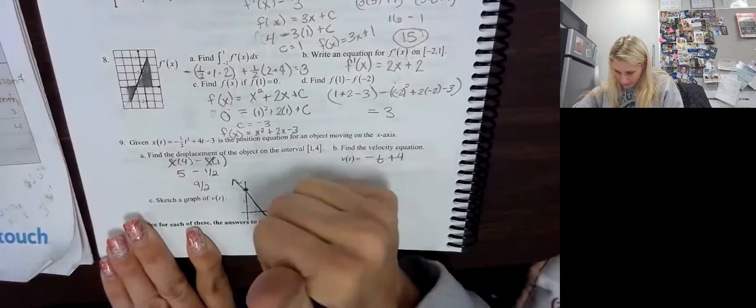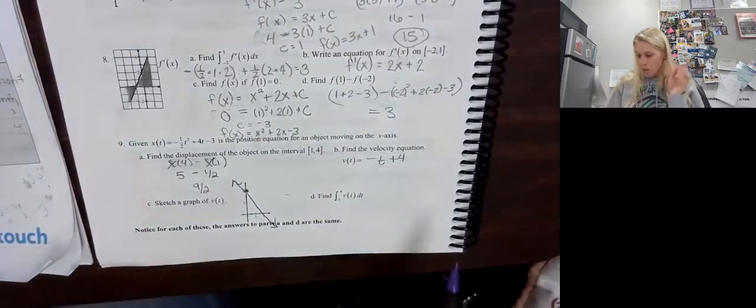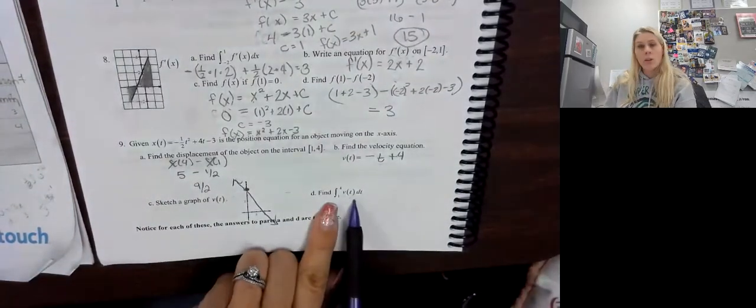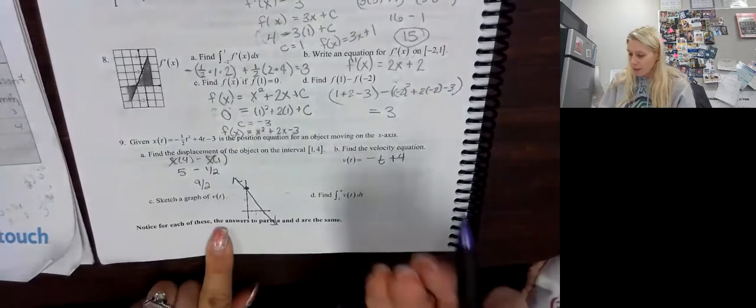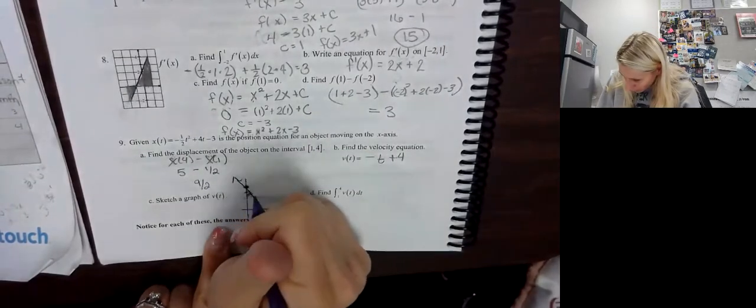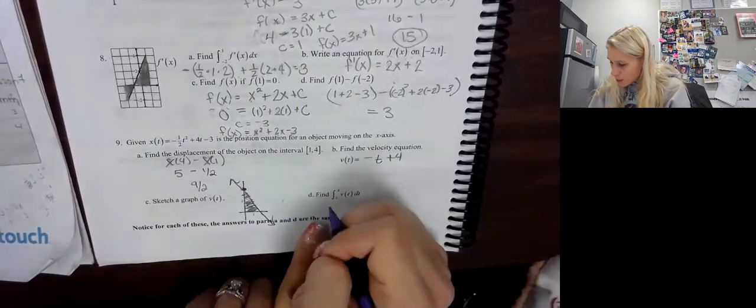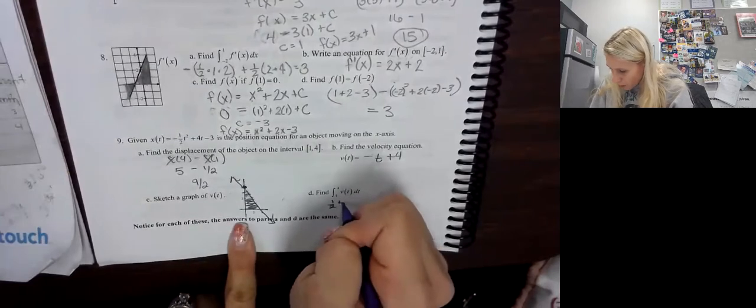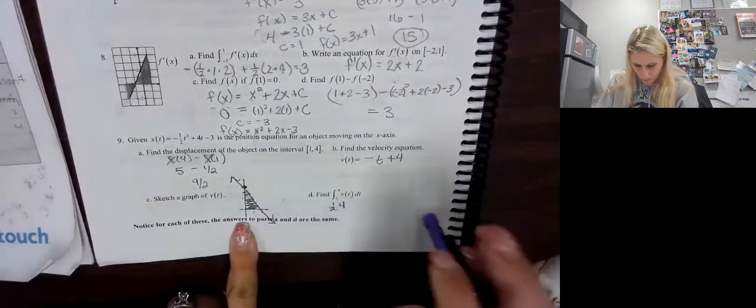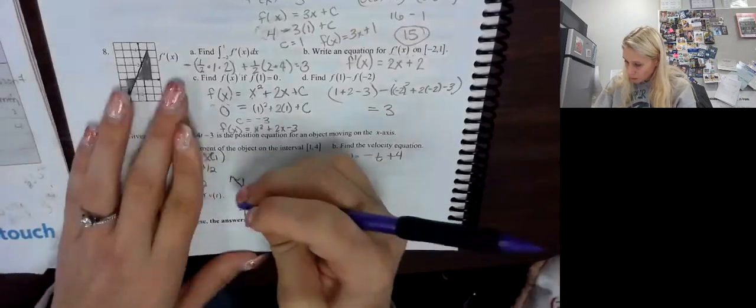Okay, we sketched it. Now look, we're going to find the integral. In this case, we're going to do it by the area under the curve. And it is a triangle to our x-axis. So we get 1/2. The base is 4. Nope, sorry, because we're going to 1.